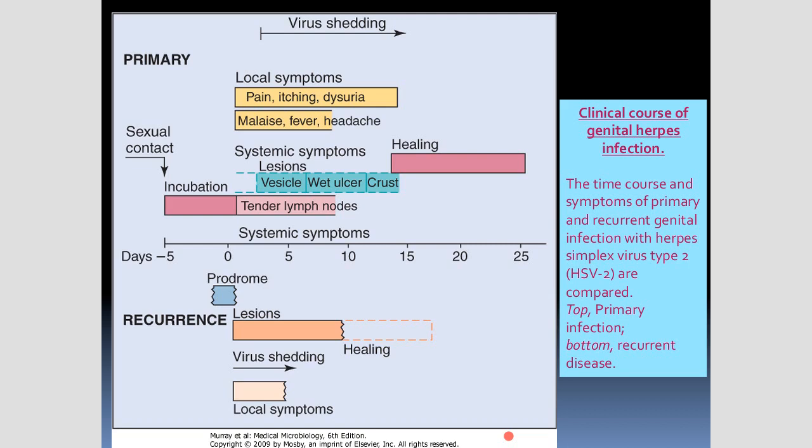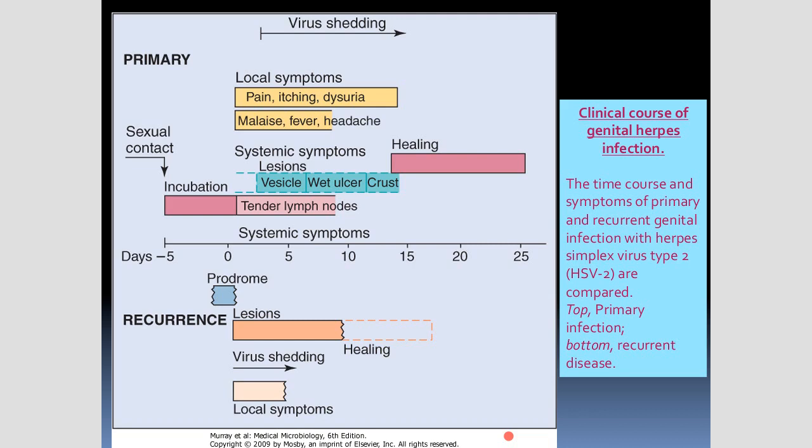So what may happen is vesicle, wet ulcer, and crust. You may have tender lymph nodes, and you have a local reaction, but at the same time, you can see over here, virus shedding. So once your system picks up this virus, what does this arrow signify?